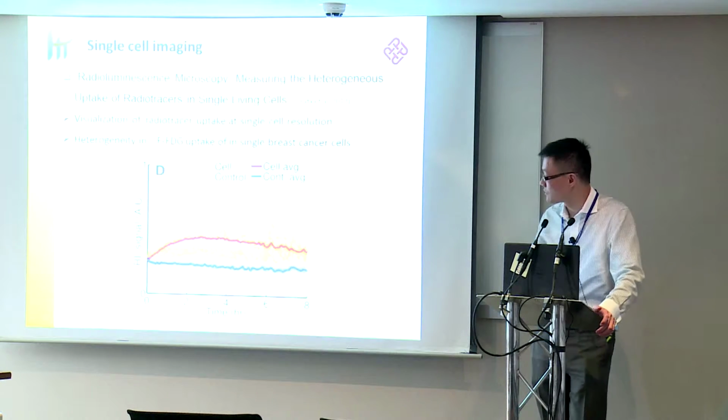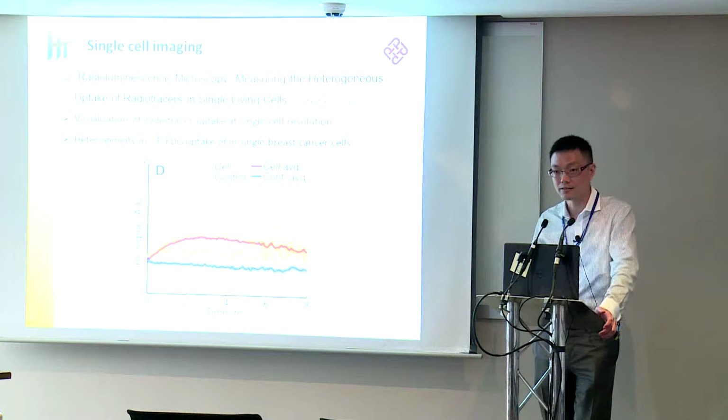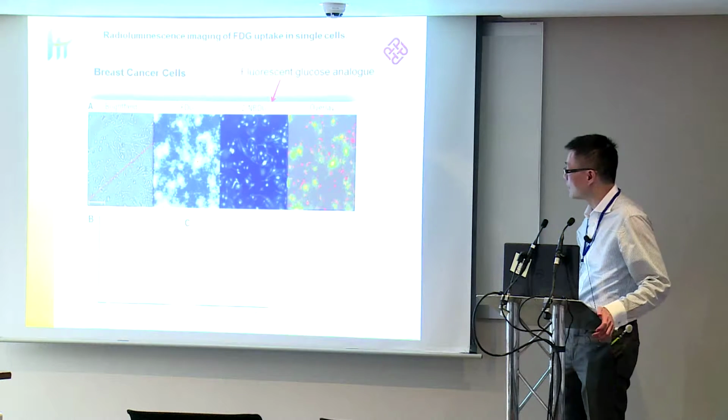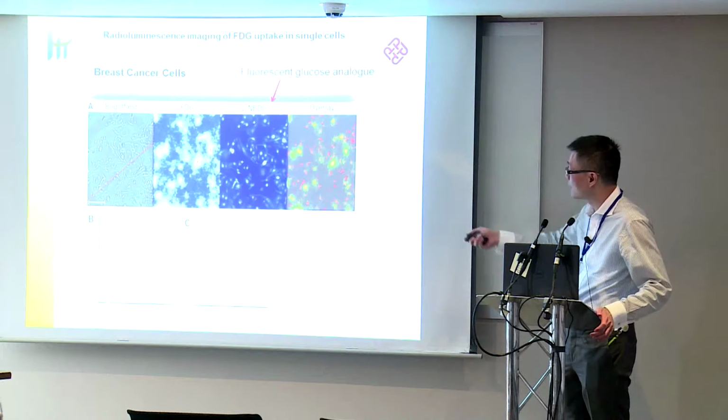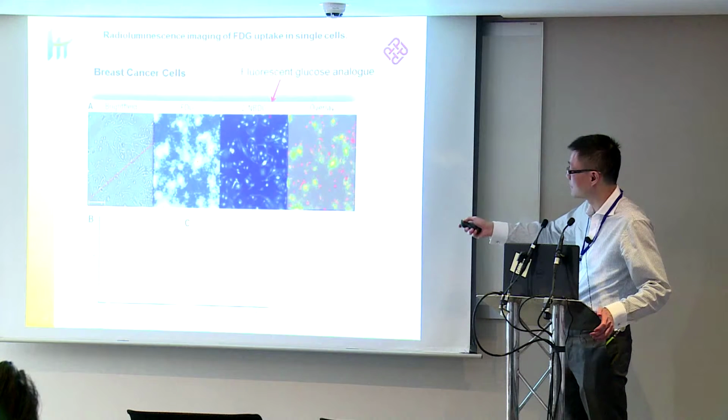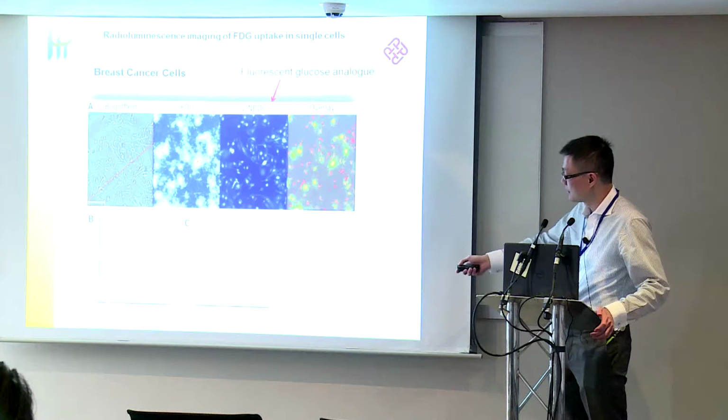So this is the first finding. They identified the heterogeneity of the metabolic process. They also verified with another fluorescent glucose analog called 2-NBDG. When they overlaid it with the radio tracer, they could see the correlated signal.